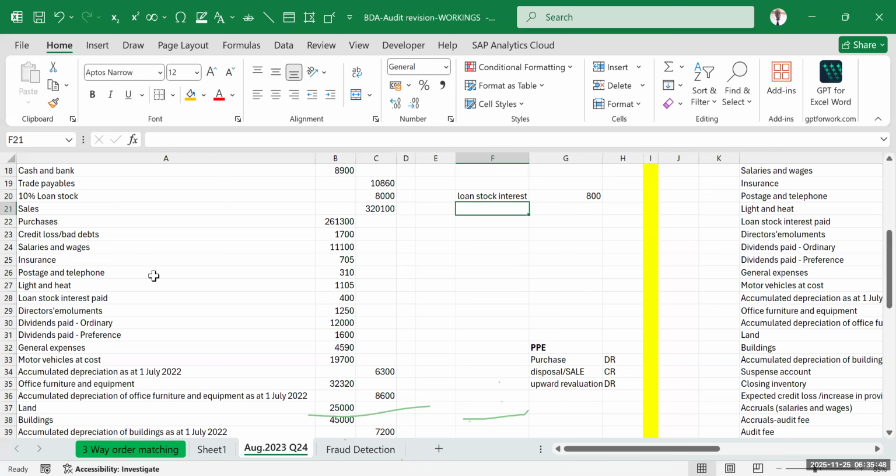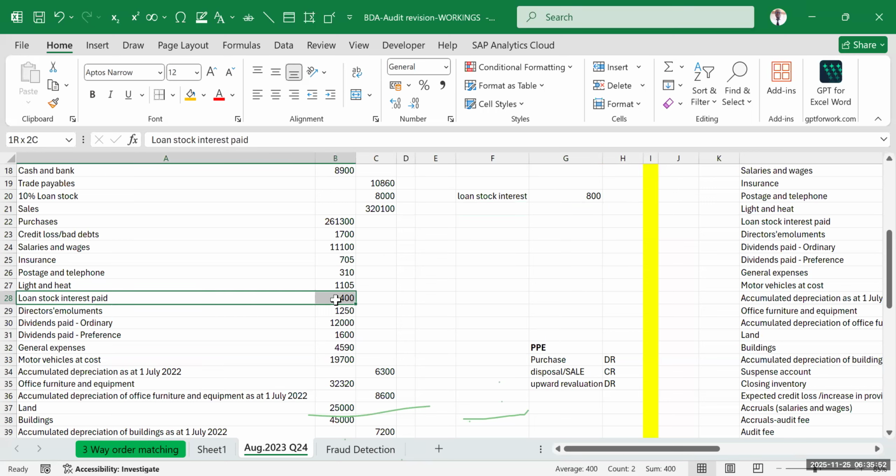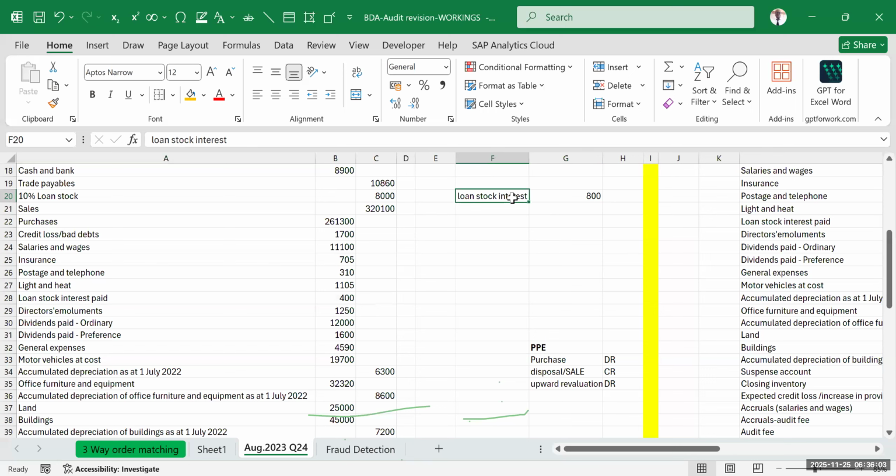Then we've been told that the loan stock interest paid is for half year. So if for a full year we need to pay 800, then half year is 400. Then it means there is an accrual of another 400 so that the total interest for the year will be paid at the end of it all. I hope someone now understands what we mean by that.